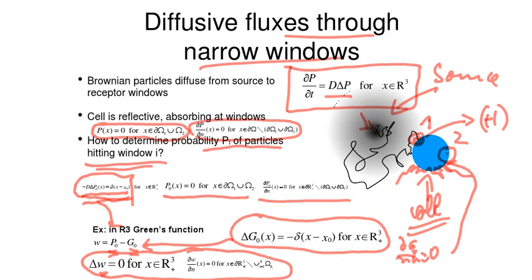In particular, as I will explain later in the next slide, if we know the fluxes, that is, if I know the flux dP0/dn at each hole, let's say 1 and 2, or more if there are, can I reconstruct the position x0 of the source?